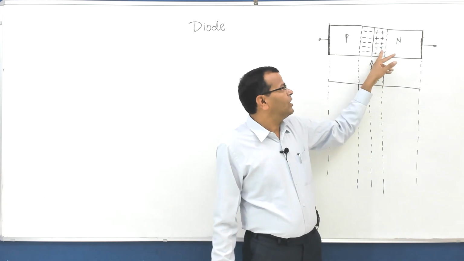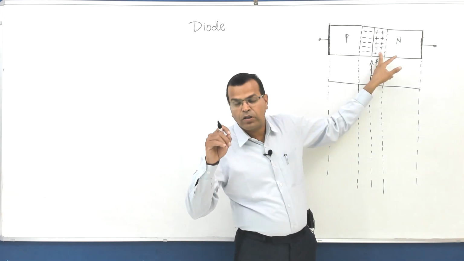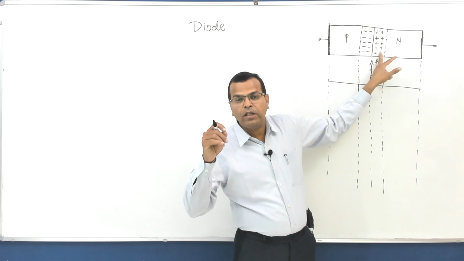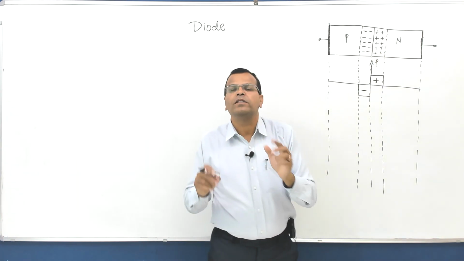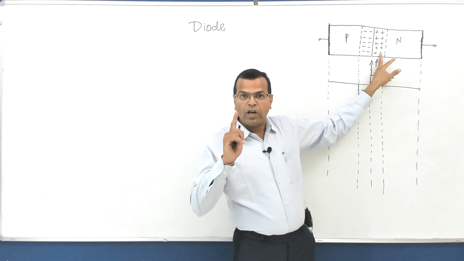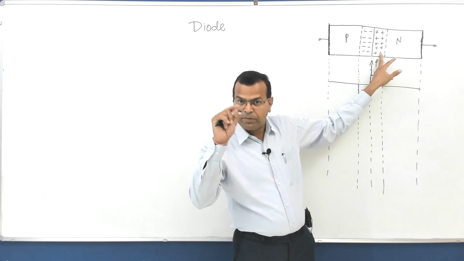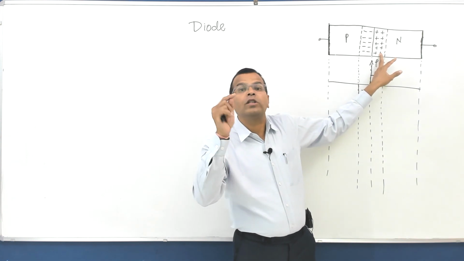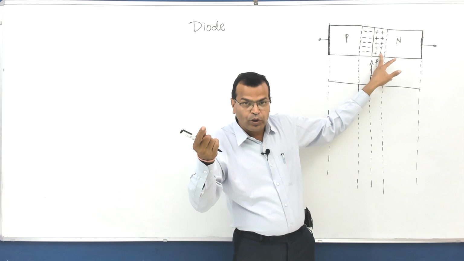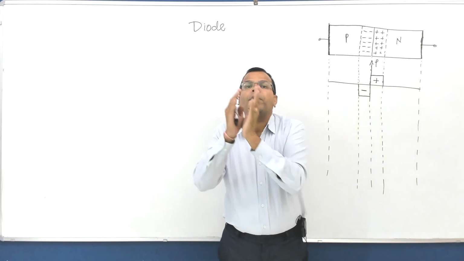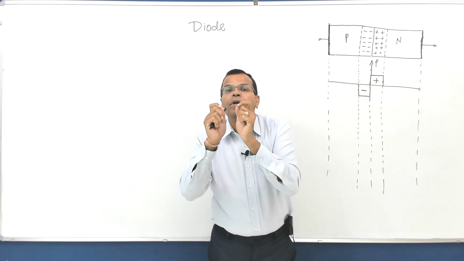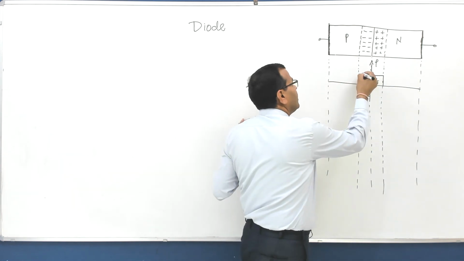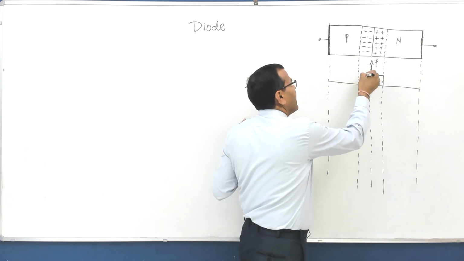So what is the charge here? Not only the charge, I'll say the charge density. Charge density will be what? Donor concentration, that is number of donor atoms per unit volume, multiplied by charge of each atom. Charge of each atom is Q, suppose. So Q multiplied by donor concentration is nothing but charge density. I repeat, that is Q into ND.